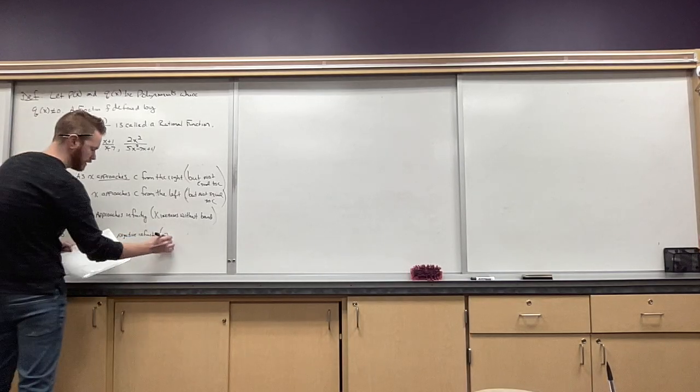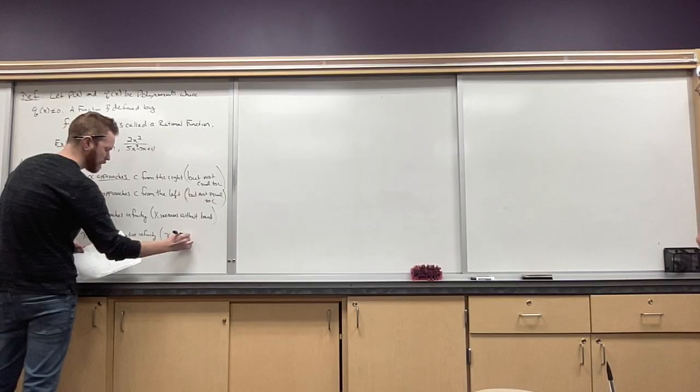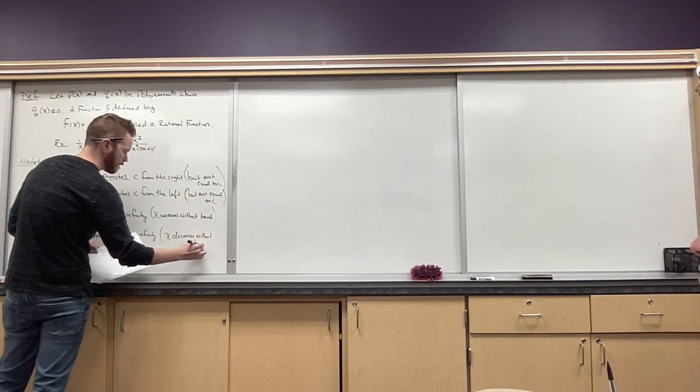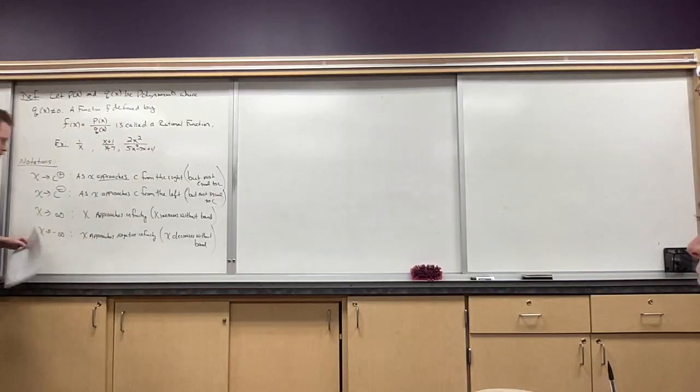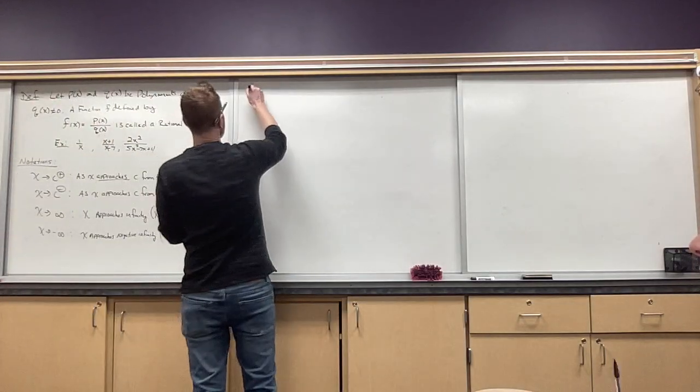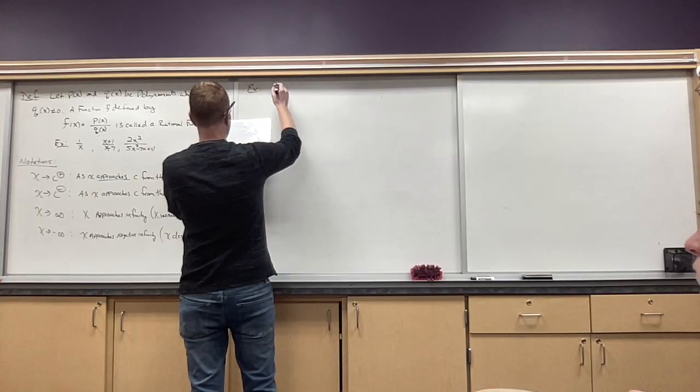So it'd be x decreases without bound. And the last two we've used quite frequently, I would say, in this course. But this would be the new ones. Okay, these two notations right there. So let's just put an example to it. That way we can see what this looks like.